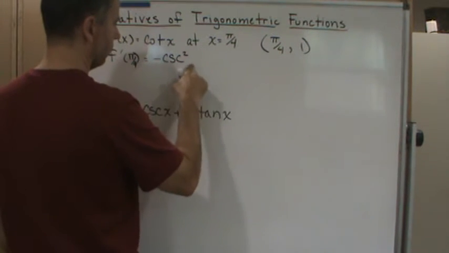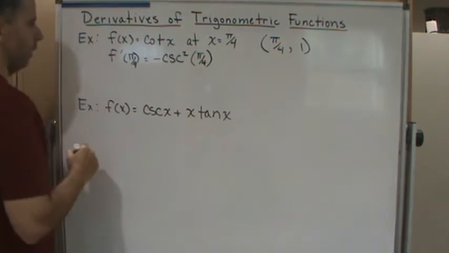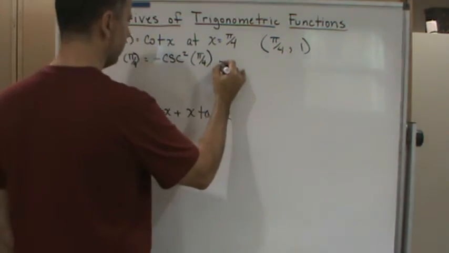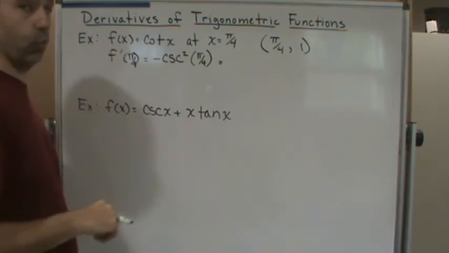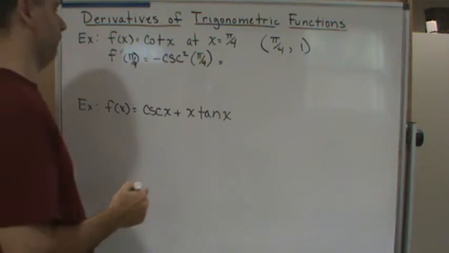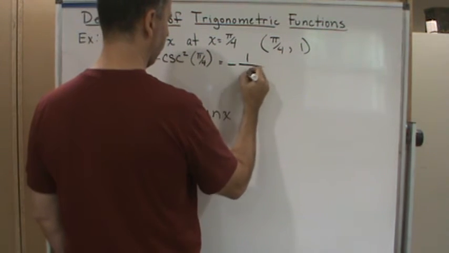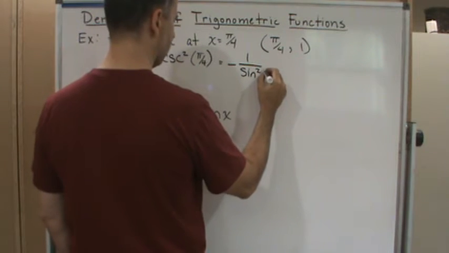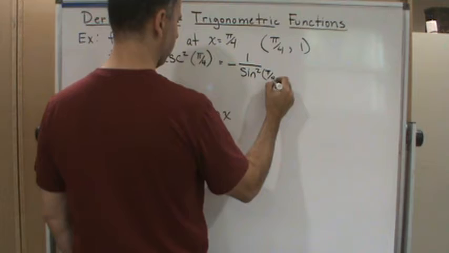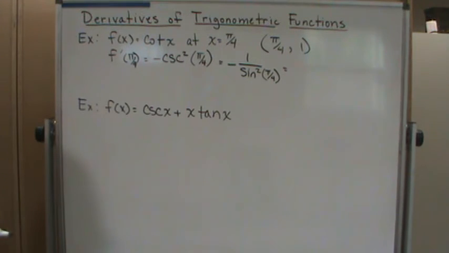Well, what's cosecant? Cosecant is 1 over sine. So this is going to be negative 1 over sine squared of pi over 4. Well, what's the sine of pi over 4? The square root of 2 over 2.